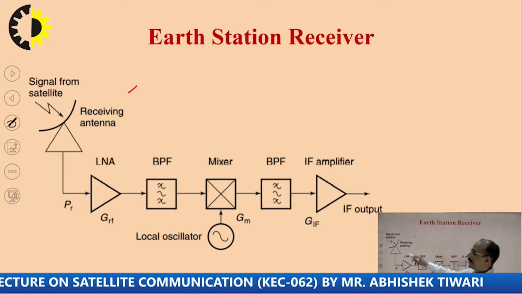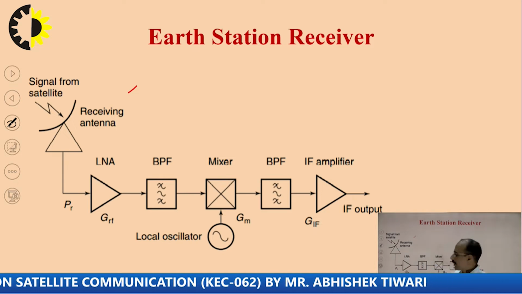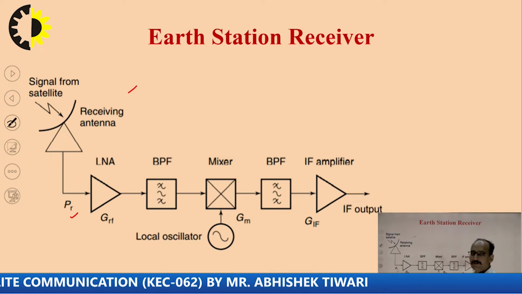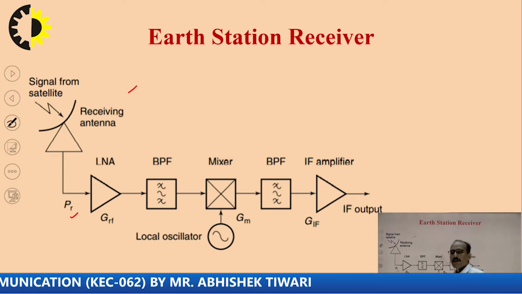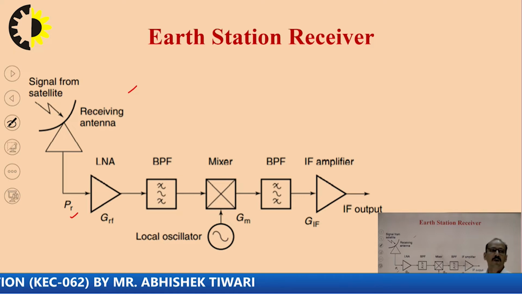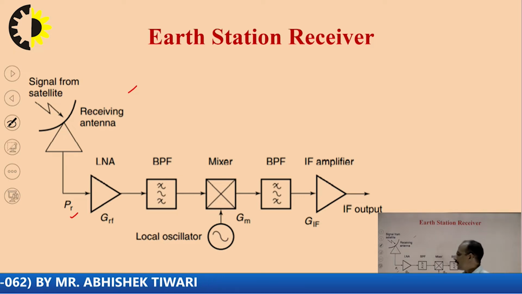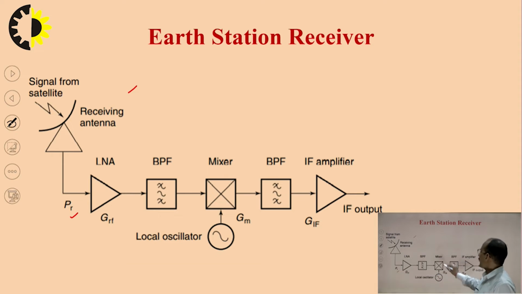After completing the link equation part, PR is the receiving power. It comes to the low noise amplifier, whose gain is GRF, then a band pass filter, then a mixer with a local oscillator whose gain is GM. Similarly, a band pass filter and then an intermediate frequency amplifier GIF and the intermediate frequency output.